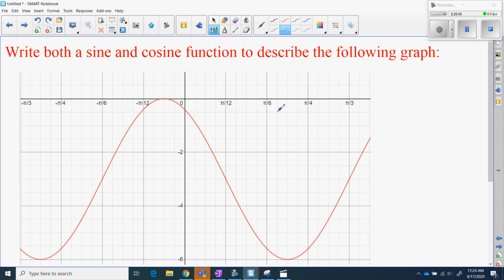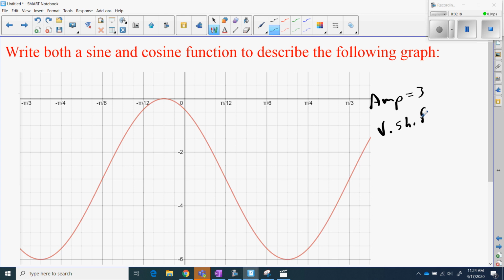Okay, here we go. This one, same deal, wants both sine and cosine. So we will do both. Start with the amplitude. The top of the wave is at 0 on this scale. The bottom of the wave is at -6, so that's a total of 6, which means the amplitude is 3. Remember, the amplitude is half the width of the wave. Let's do vertical shift.